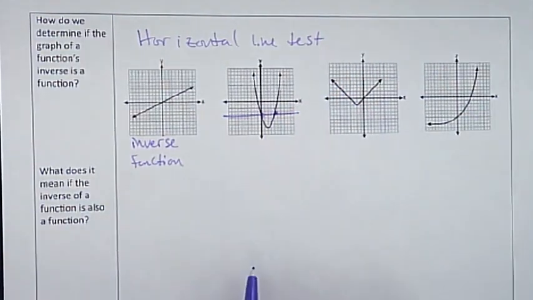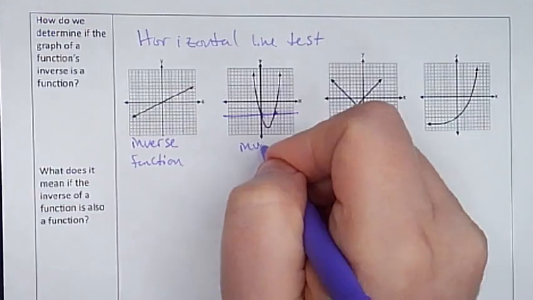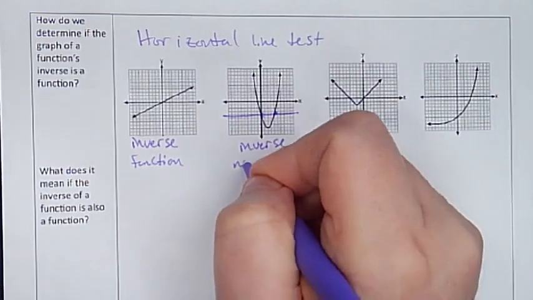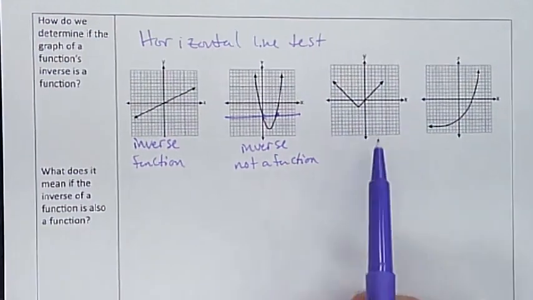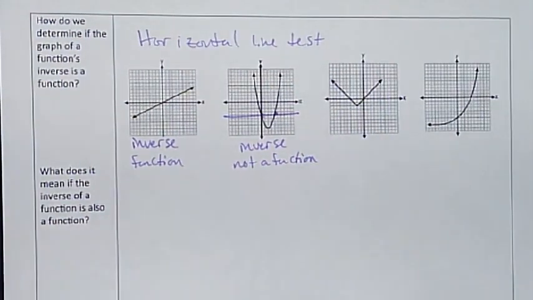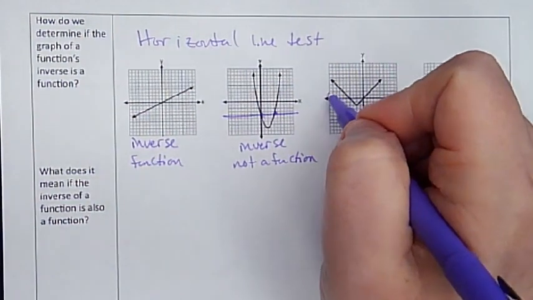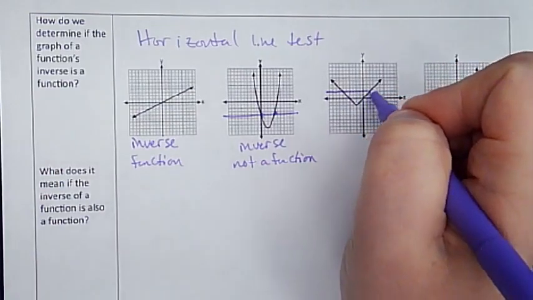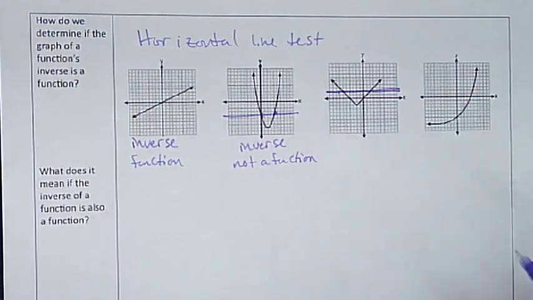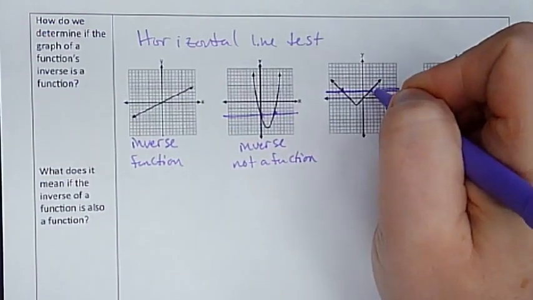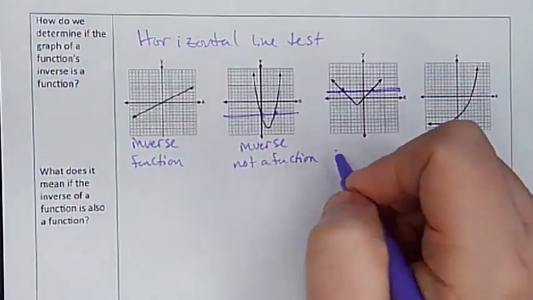So the inverse of this one is not a function. Here is my third, a beautiful absolute value graph. If I were to draw this line here, oh, well, almost. If I were to draw that line here, again, you're going to see that it intersects in more than one spot. So the inverse is not a function.